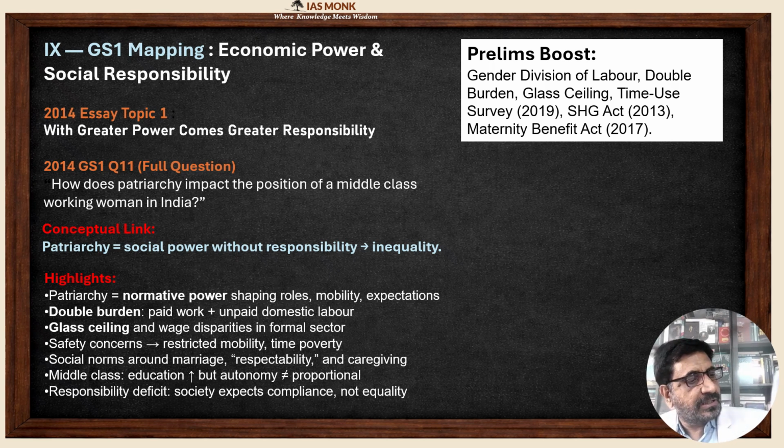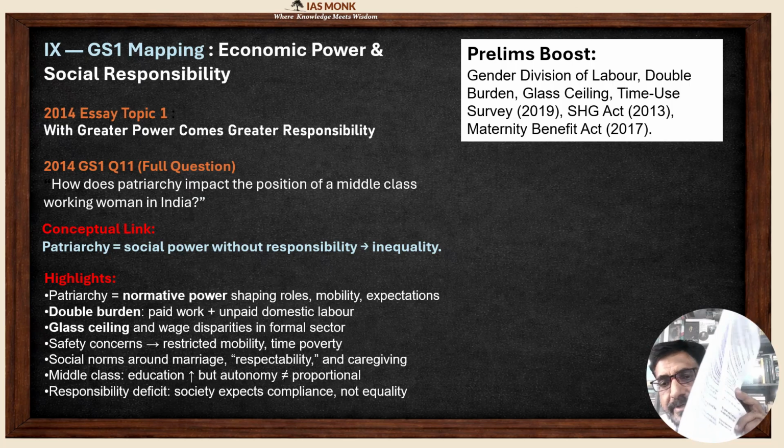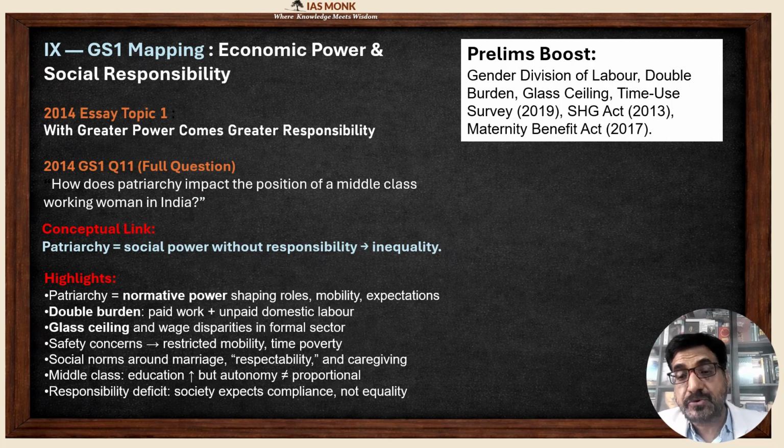Question number 11 in this question paper, GS1 of 2014. I read out this question: How does patriarchy impact the position of a middle class working woman in India? Okay. What is patriarchy? It is a social power structure that often lacks responsibility toward women's dignity and equality.